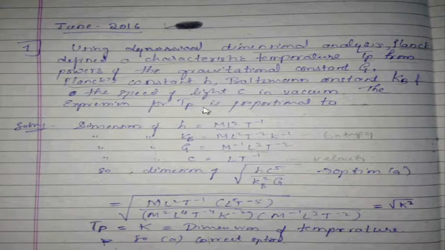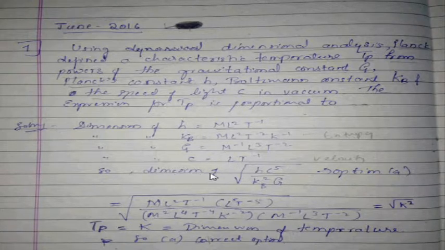The expression for Tp is proportional to, we know that the dimension of h is equal to m L raised to 2 t raised to minus 1. The dimension of kb is equal to m L raised to 2 t raised to minus 2 K raised to minus 1, which is the entropy. Dimension of G is equal to m raised to minus 1 L raised to 3 t raised to minus 2. The dimension of c is equal to L t raised to minus 1, which is velocity.